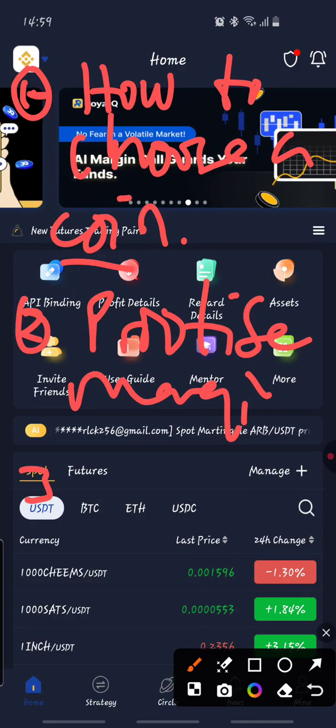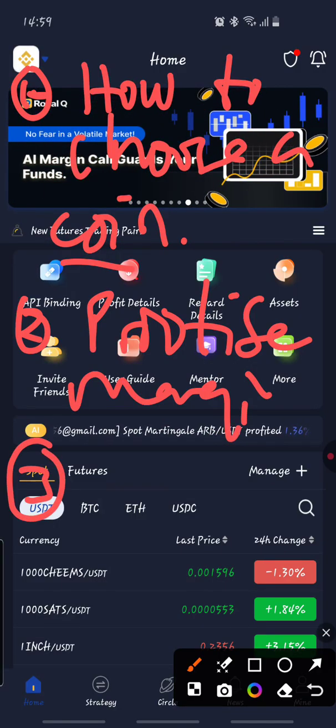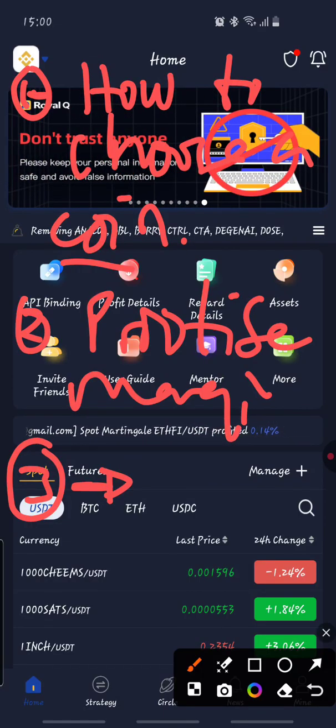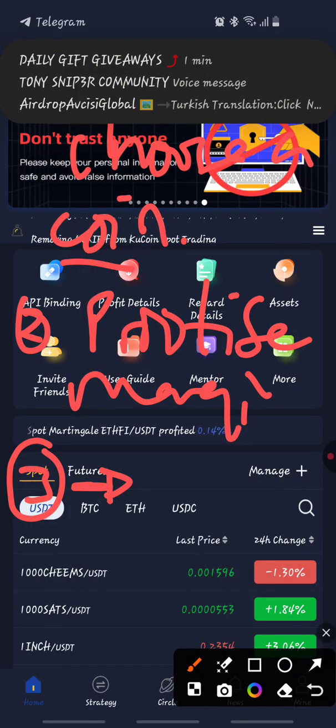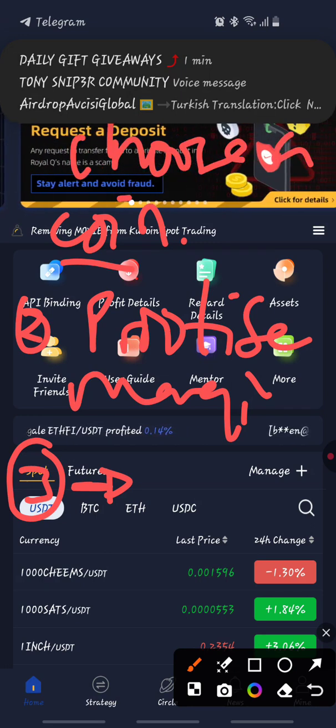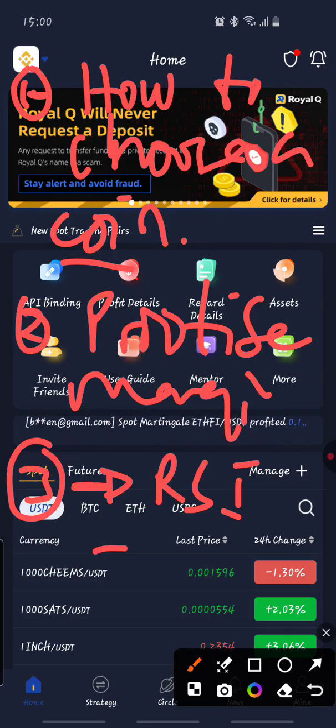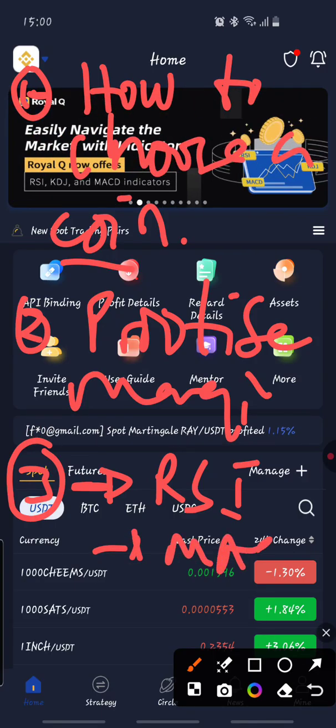Then 3, on top of choosing a coin, you learn how to enter, like how best to enter a coin. You usually have to try to enter a coin when it is beginning to go up. So you need to learn how to use RSI, MACD, and maybe Bollinger Bands.